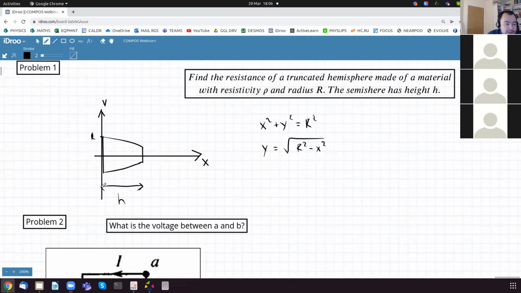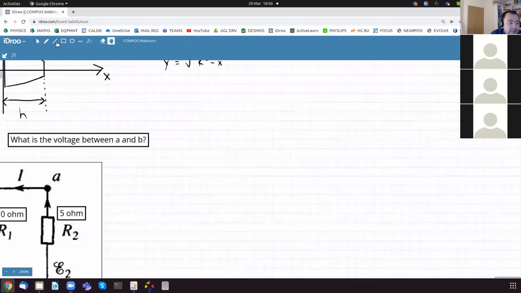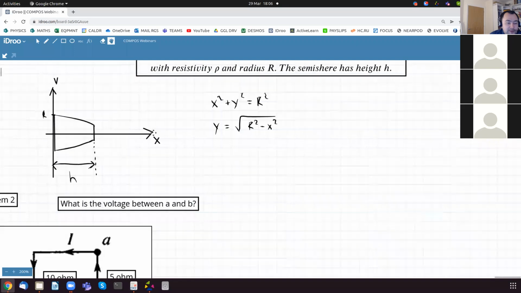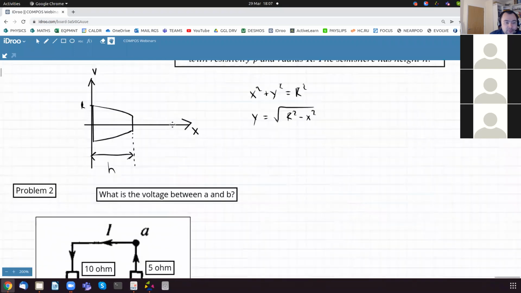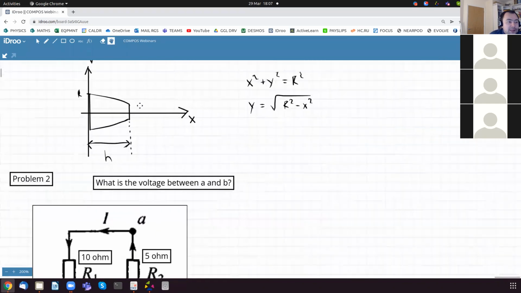So how does that work? We need to take a single slab. Let's say we cut the semisphere into slabs, vertical slabs, and we take one of those slabs.